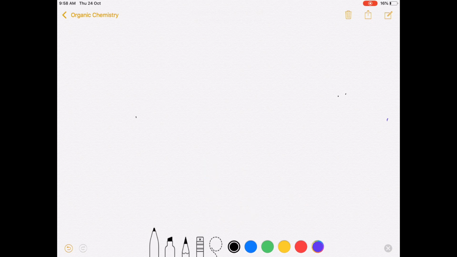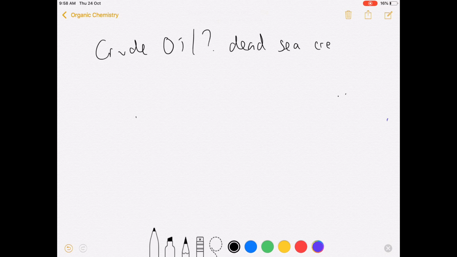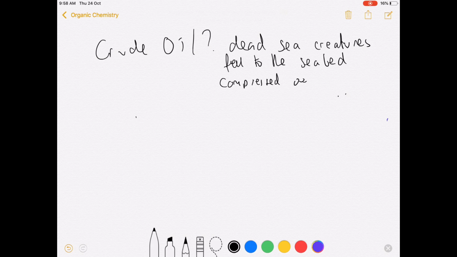We begin at the beginning. And where does crude oil come from? Well, your examiners want you to say dead sea creatures. Things that used to be swimming around in the ocean, dead sea creatures. They died. They fell to the bottom of the ocean, on the seabed, and they were compressed over millions of years.